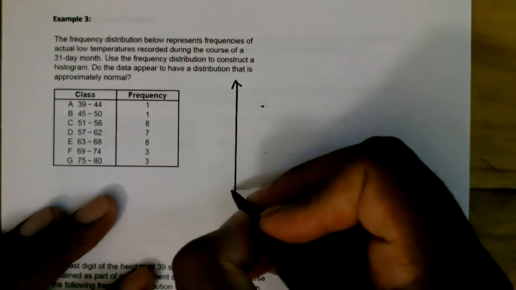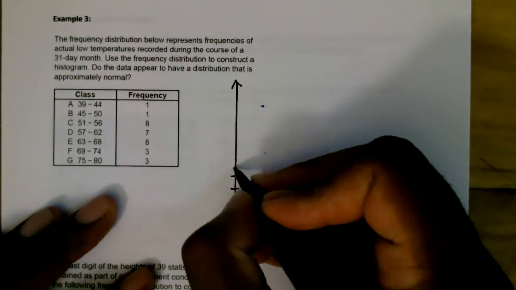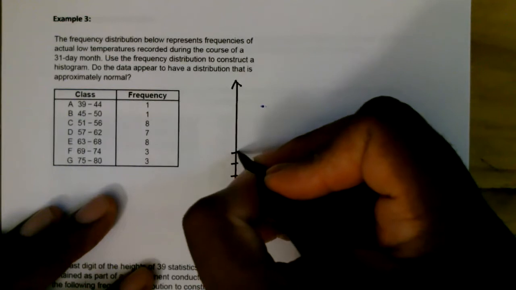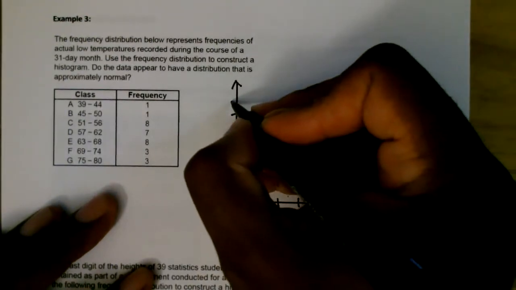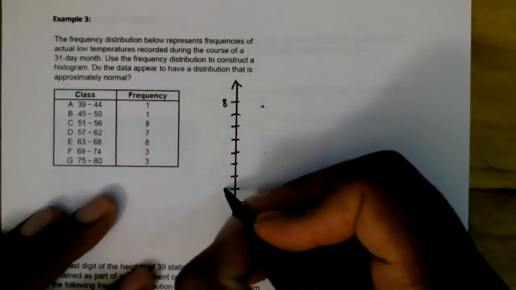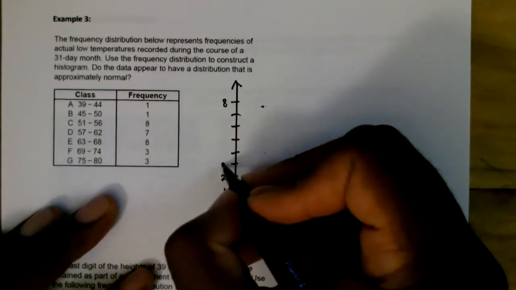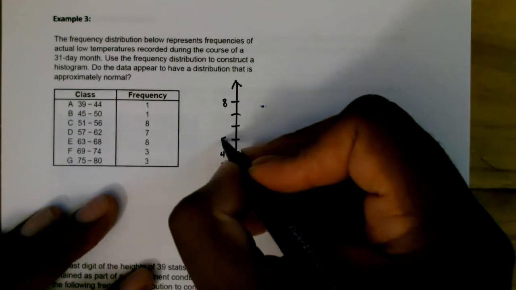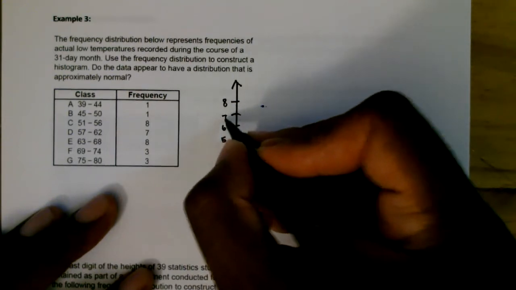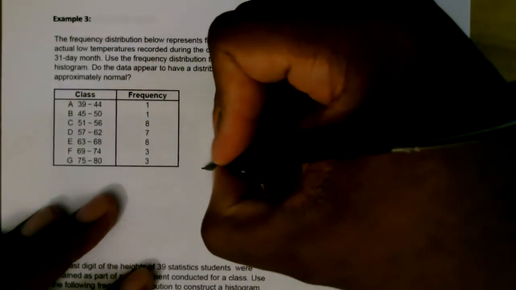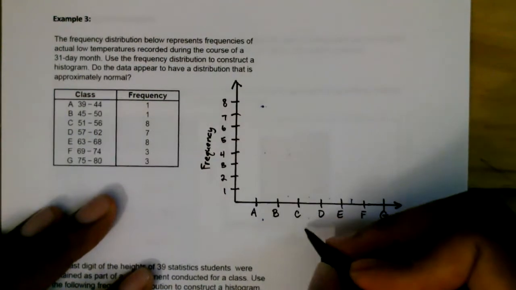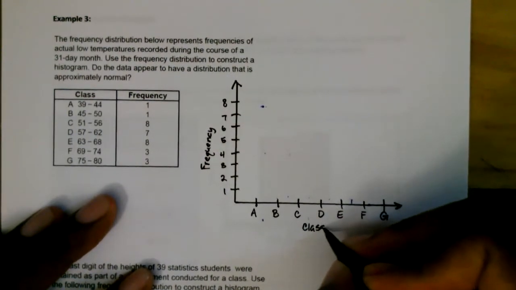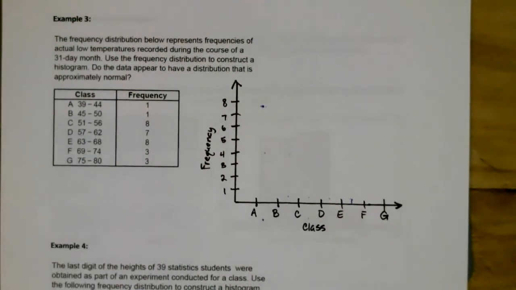So I'll just do this on the vertical axis: 1, 2, 3, 4, 5, 6, 7, and 8. Okay, so this is the frequency. And I should go ahead and label this as class as well.